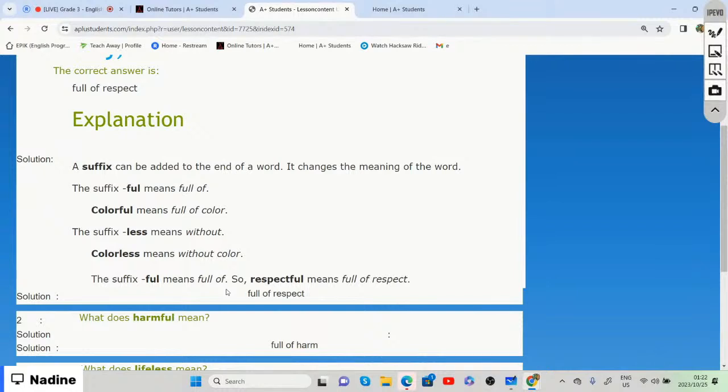And the suffix full, we said, means full of. And we made an example of colorful, which means that it is full of color. And then we have colorless. So colorful is full of color. Then we have the suffix less, and that means without.